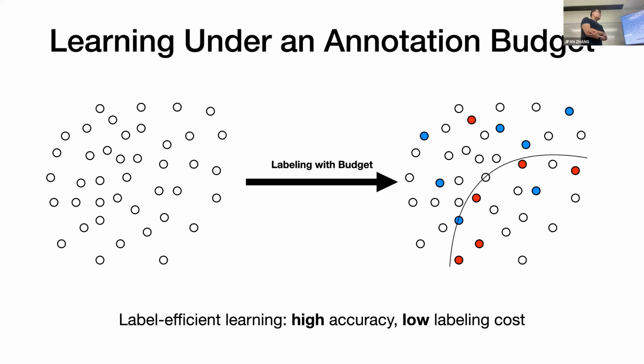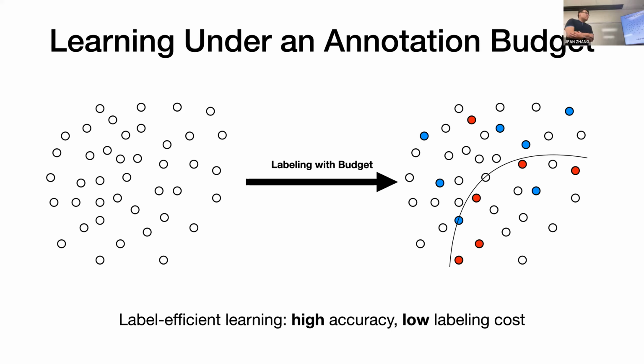In the real world, you usually start with a bunch of unlabeled data, and you are usually annotating under a very strict budget. That means you can't really annotate all the data that's available. You have to be selective in what to annotate and what not to annotate.